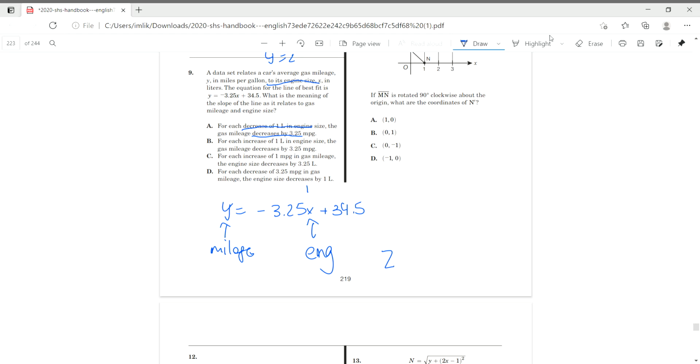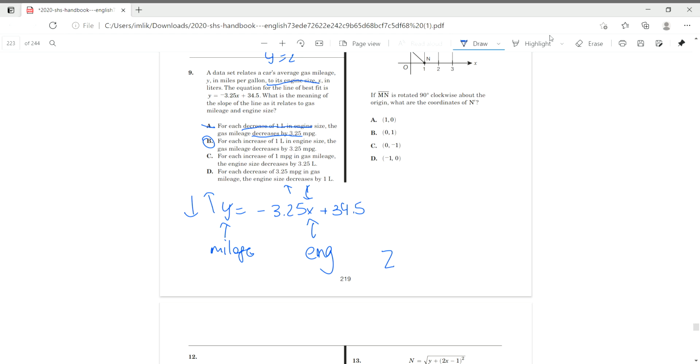But if it was 1, we'd have to do negative 3.25 plus 34.5, which would continue to decrease it, but decrease it less. So no. If anything, it's increased. For every increase in x, our gas mileage will go down. For every decrease in x, it will go up. So it has to be B.